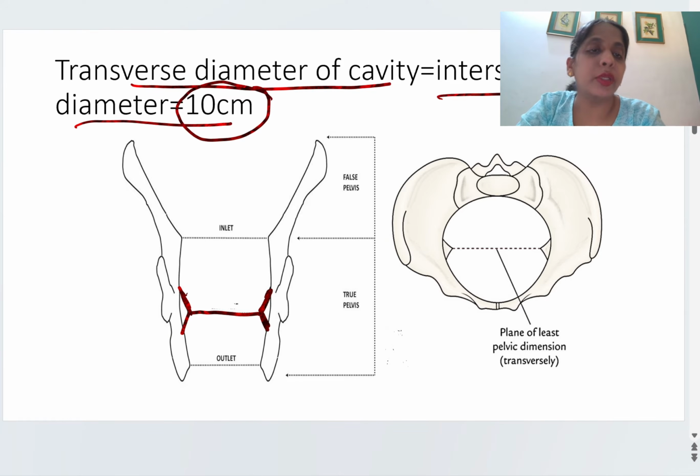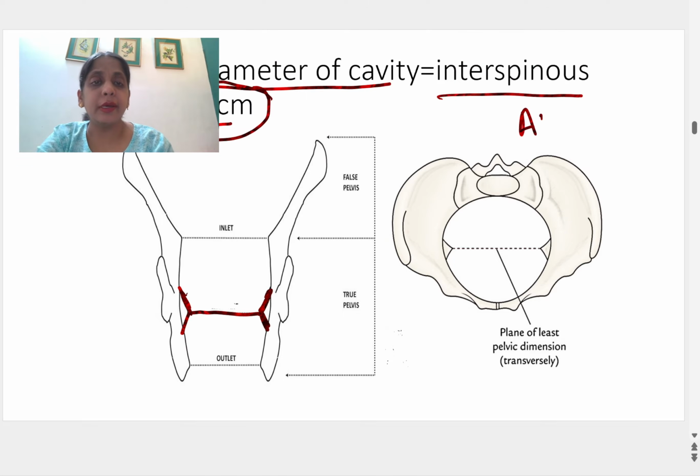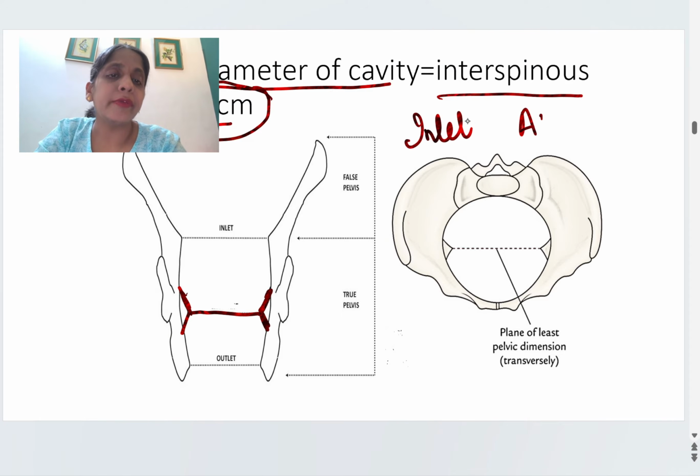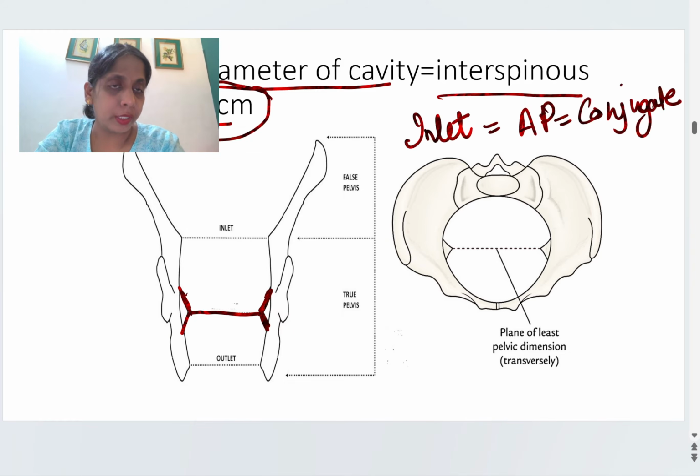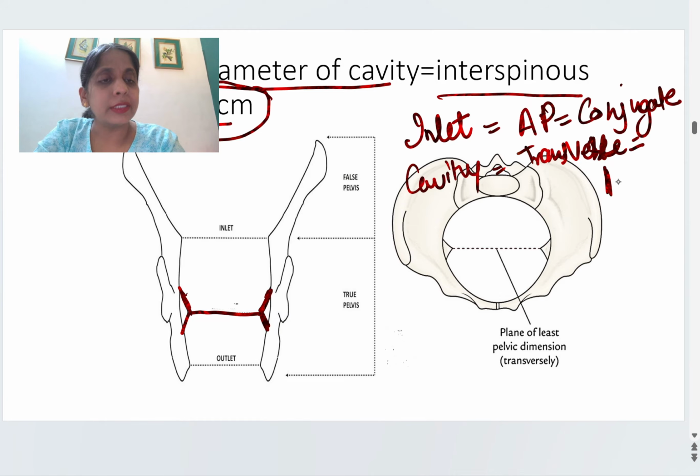Once again, there we learned the anterior-posterior diameter of the inlet. The important diameter of the inlet was the anterior-posterior or conjugate diameter, and of the cavity, the important diameter is the transverse one, normally 10 centimeters.